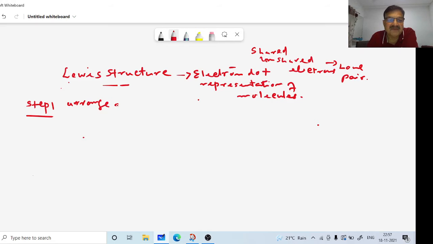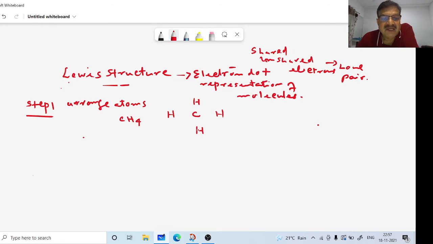Step 1, arrange atoms next to each other. For example, methane, CH4. How will you arrange it? Like this, carbon at the center, then 4 hydrogens around it, because carbon can form 4 bonds.